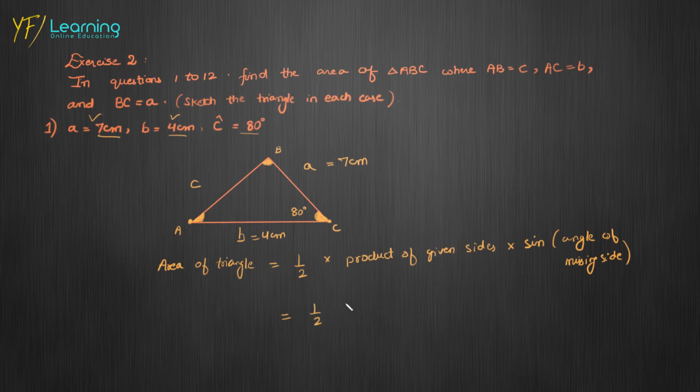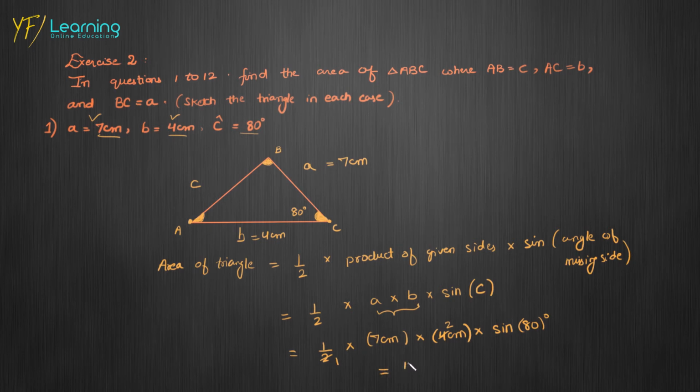So half, given sides are a and b, so a times b multiplied by sine, and you see here which side is missing in a, b and c. c is missing here, so write sine C is equal to half times a is 7 cm, b is 4 cm, multiplied by sine C, which is given and it is 80 degrees. 2 ones are 2, 2 twos are 4, 7 twos are 14, so 14 times sine 80, and solve this sine 80 from your calculator.